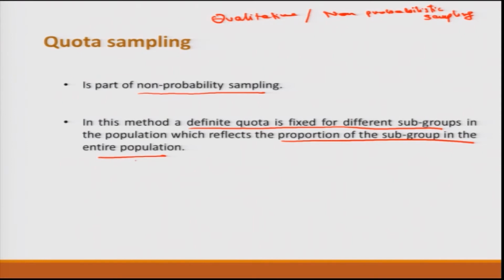So, it requires a good and detailed understanding of the population composition. It is comparable to stratified random sampling with proportionate representation, but the thing is that this is not probabilistic.